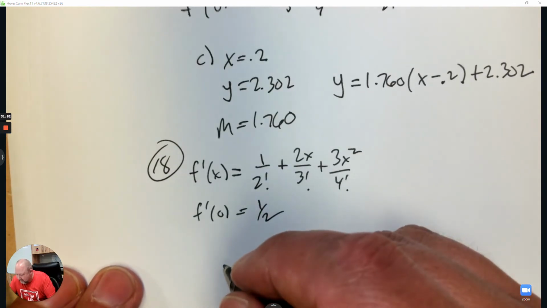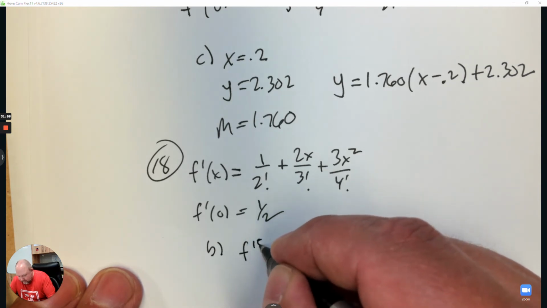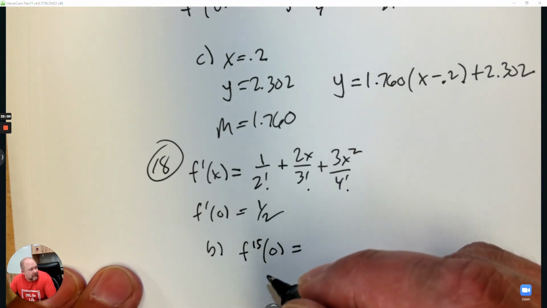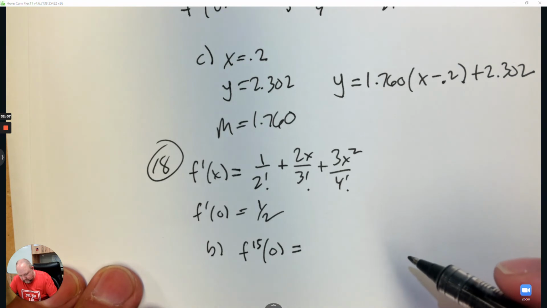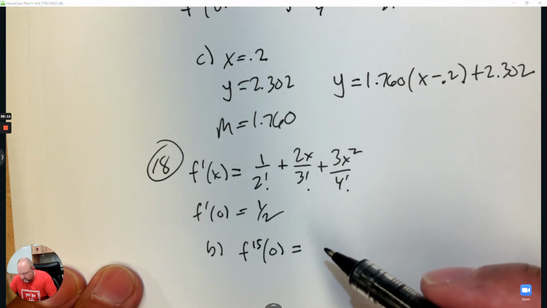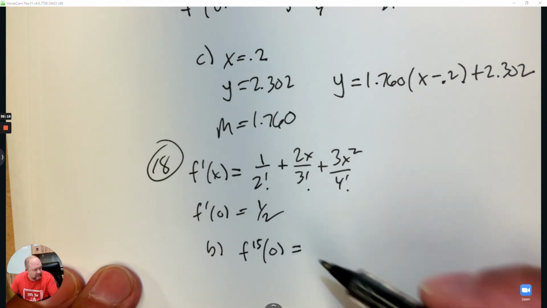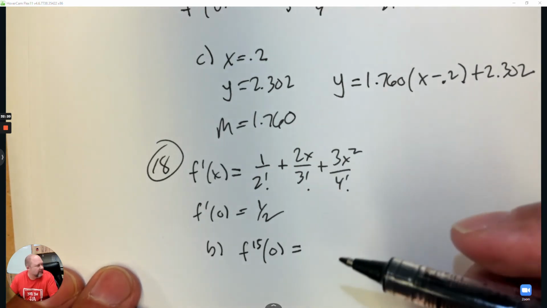For part B, find the 15th derivative at 0. Trying to see how they did it.